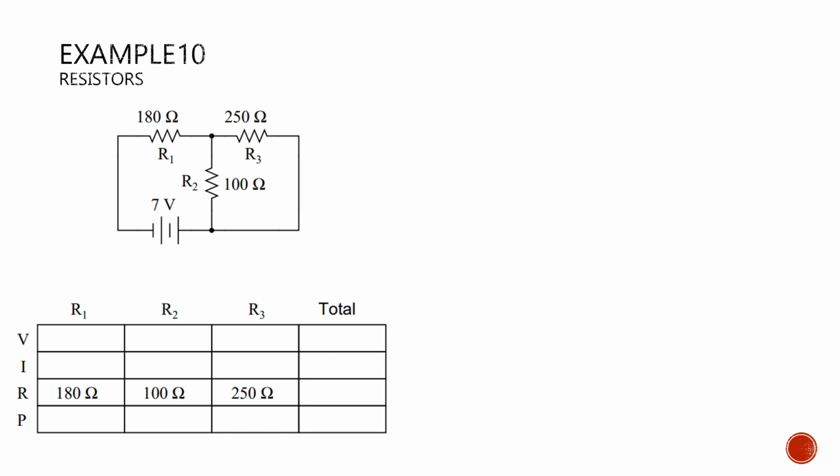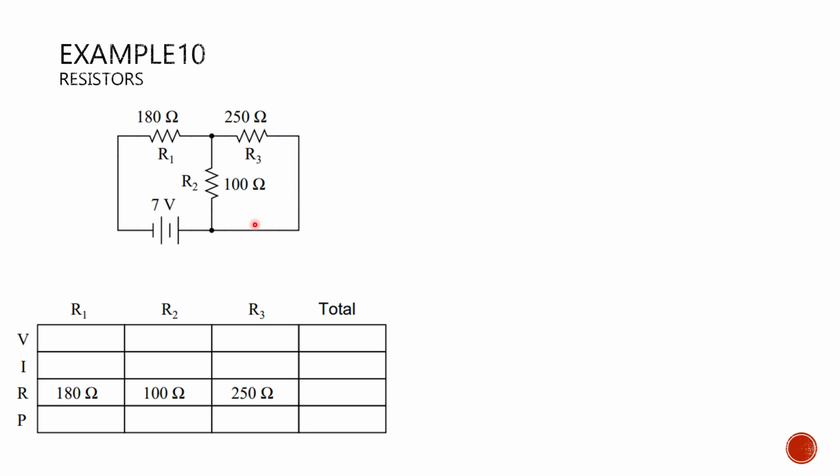So we start with reducing the number of resistors, meaning we get the equivalent resistance for the entire circuit. As you can see here, the battery is in series with R1, but it is in parallel with R2 and also parallel with R3.